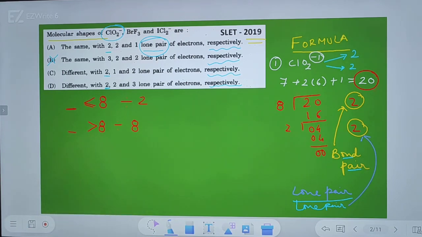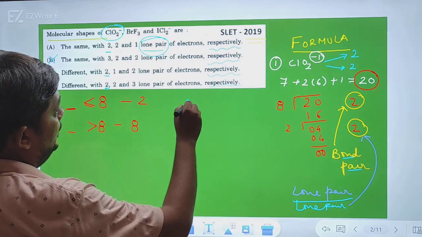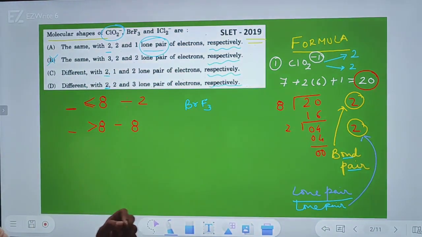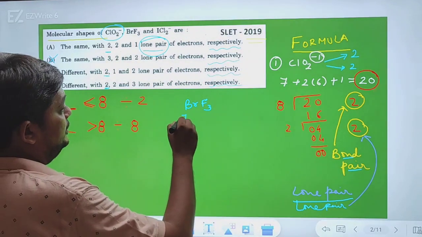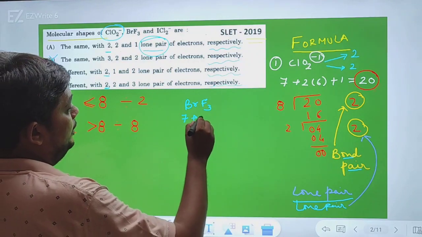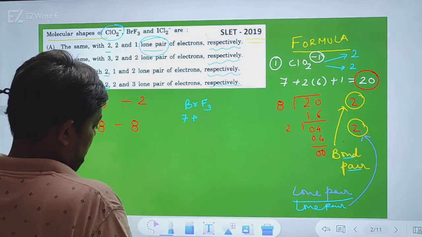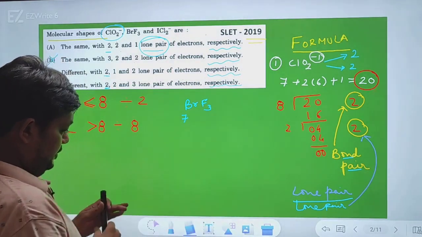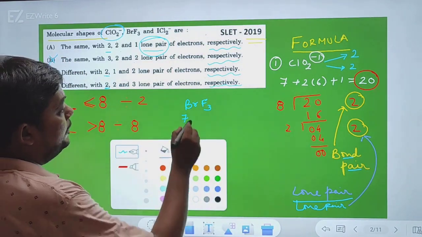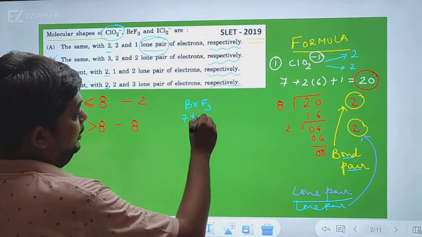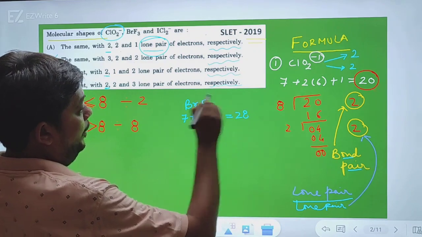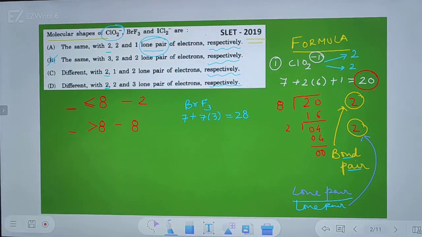Let us move a step ahead, taking into consideration BrF3. Whenever we say BrF3, what happens? You have 7 from bromine plus 7 multiplied by 3 from fluorine, so a total of 28 electrons.